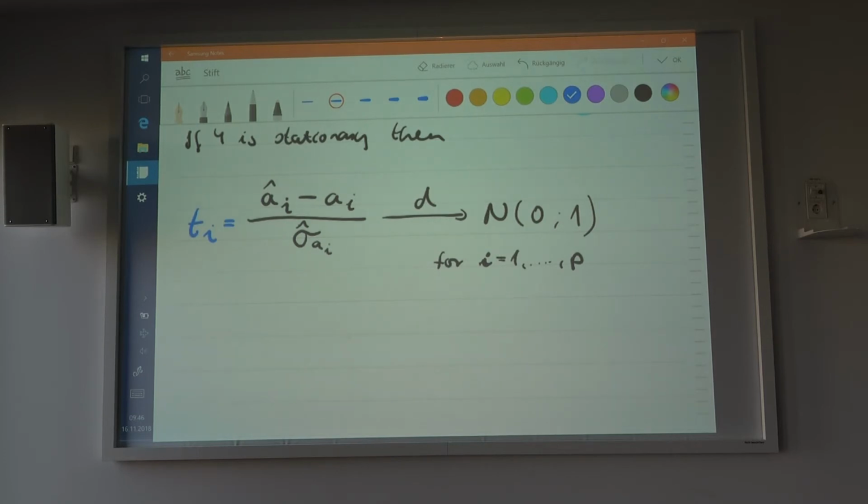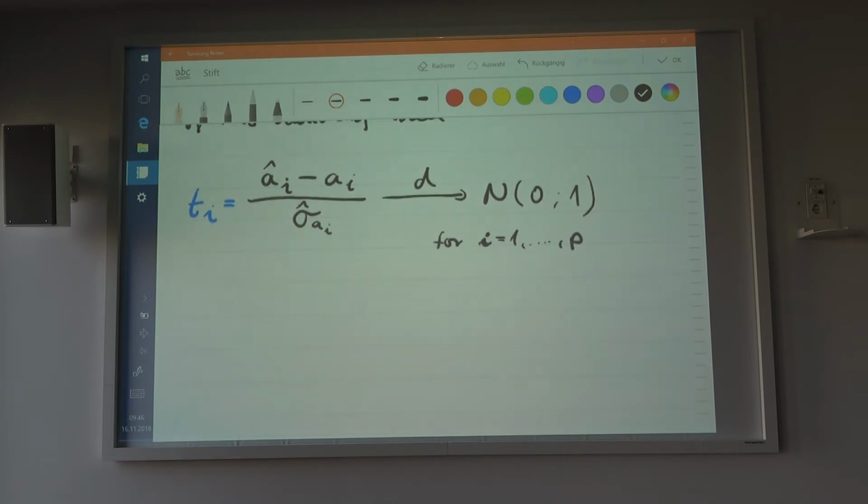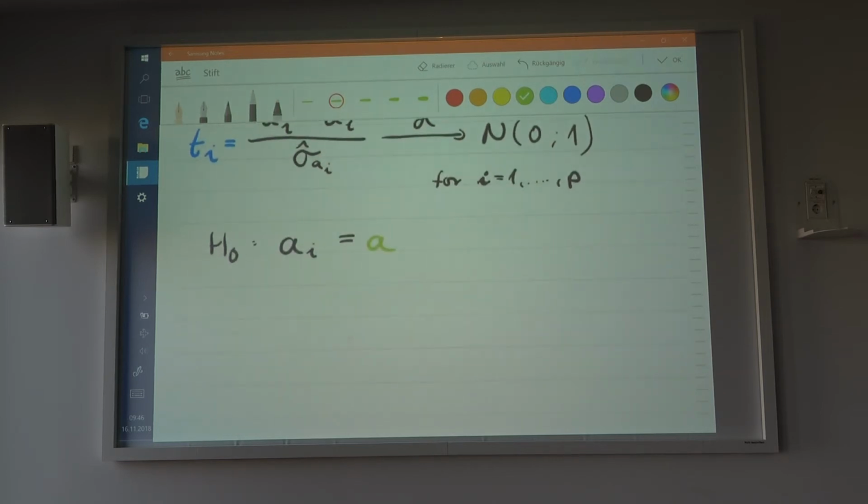Let's say you have the null hypothesis, based on hypothesis testing, that the ith coefficient is equal to a certain value A, whereas the alternative hypothesis is that the coefficient is not equal to that value.